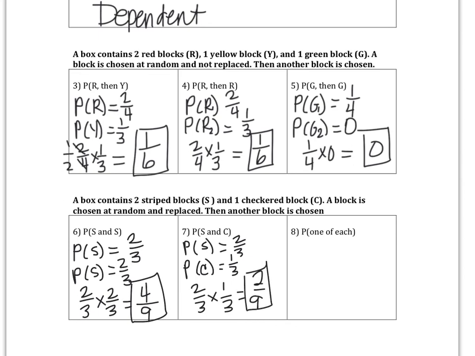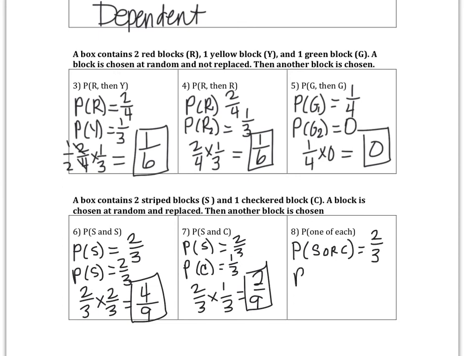And then 8 is a probability of 1 of each. So for your first pull, you can either get an S or a C. So that is 2 out of 3, an S or a C. So you can pull one of those 2 out of the 3.